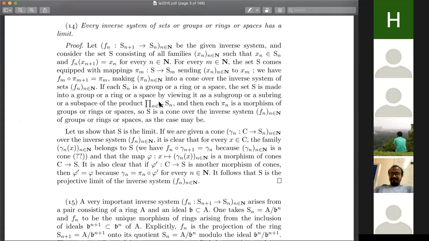Sets, you can take products; groups, you have the product of any family of groups or any family of rings or topological spaces.